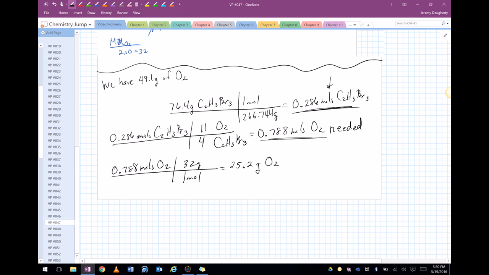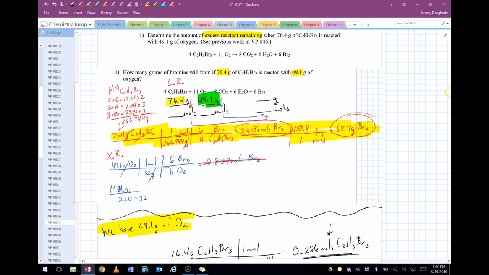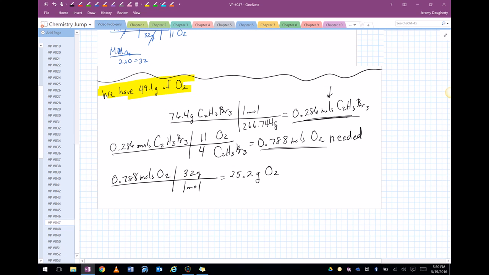Okay, so remember what we said. We actually have 49.1 grams, the value given to us in the problem right here. How much do I need? Well, I need 25.2. So that's how much is needed to react with all of this C2H3Br3.